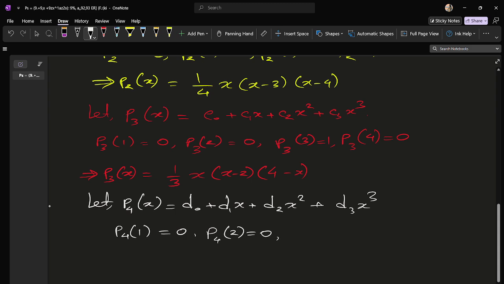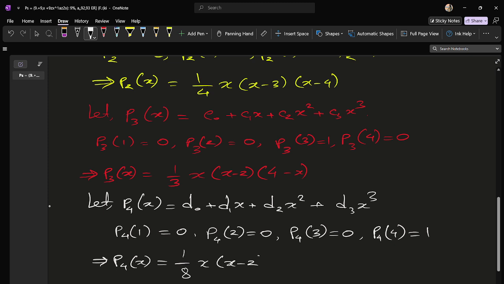And p4 of 4 will be 1, because this is f4 of p4, so that will be 1. So p4(x) is equal to 1 by 8 times x, (x minus 2) and (x minus 3).